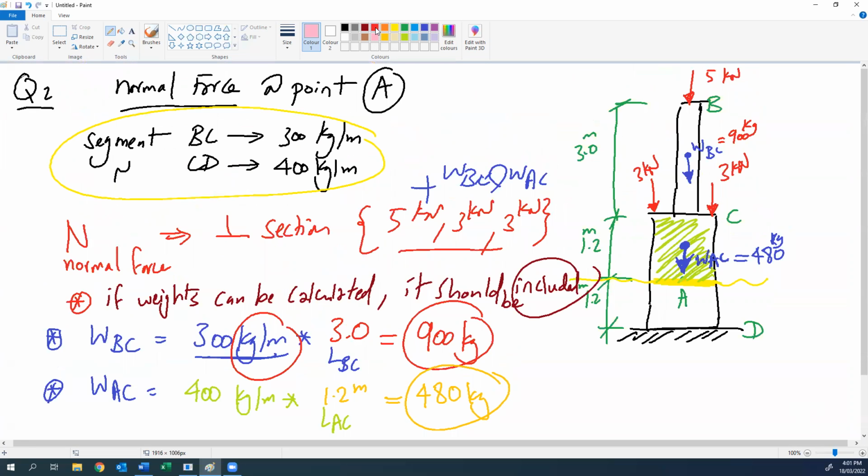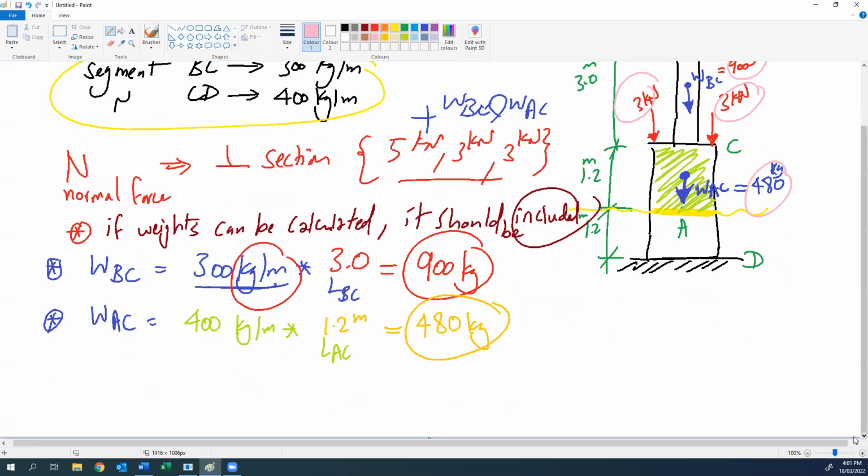So we have 900, 3 kilonewton, 3 kilonewton, 5 kilonewton, and 480 kilogram. Okay, so this is all the force. But there is a small trick here. Do you know what the trick is?